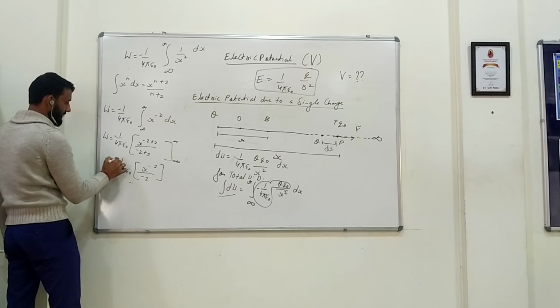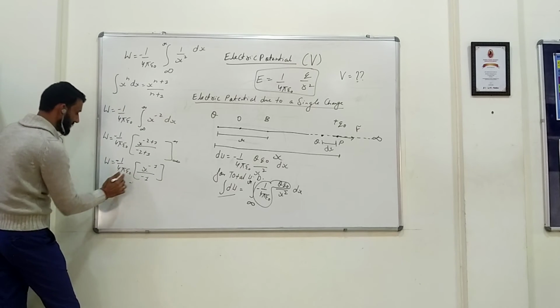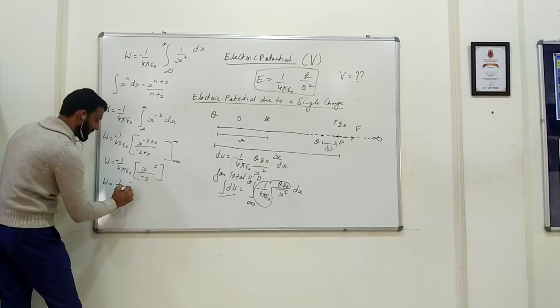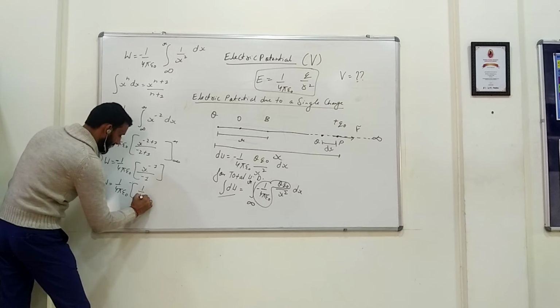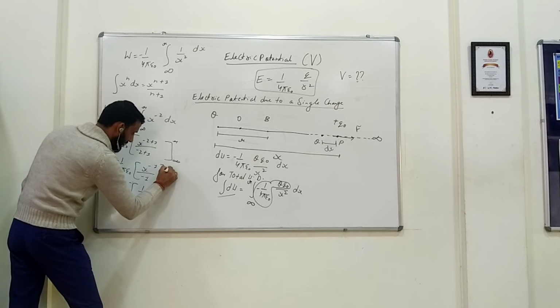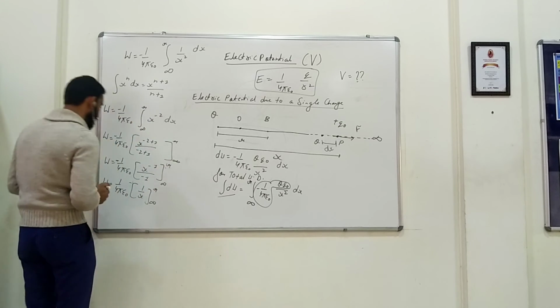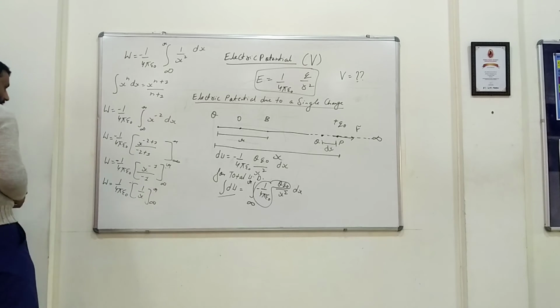This minus, and there was a minus here, this minus and this minus will become positive. 1 upon 4 pi epsilon naught, then 1 upon x, infinity to r. Now we will put in the limits.